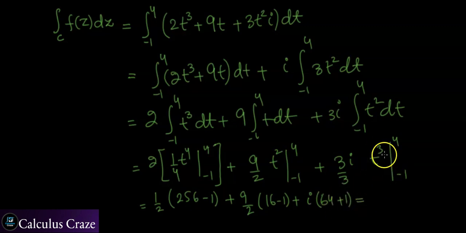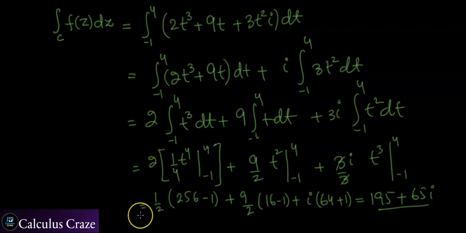So this is just putting in the limits. You will get 195 plus 65 times iota. So this is the answer to this integral. This was all about computing a complex integral, and we solved an example as well. We will move ahead later on with other examples.